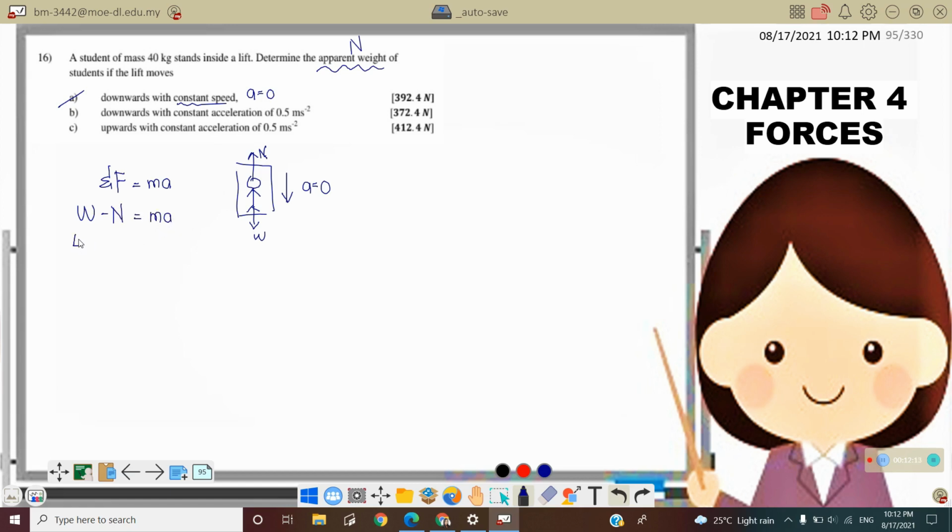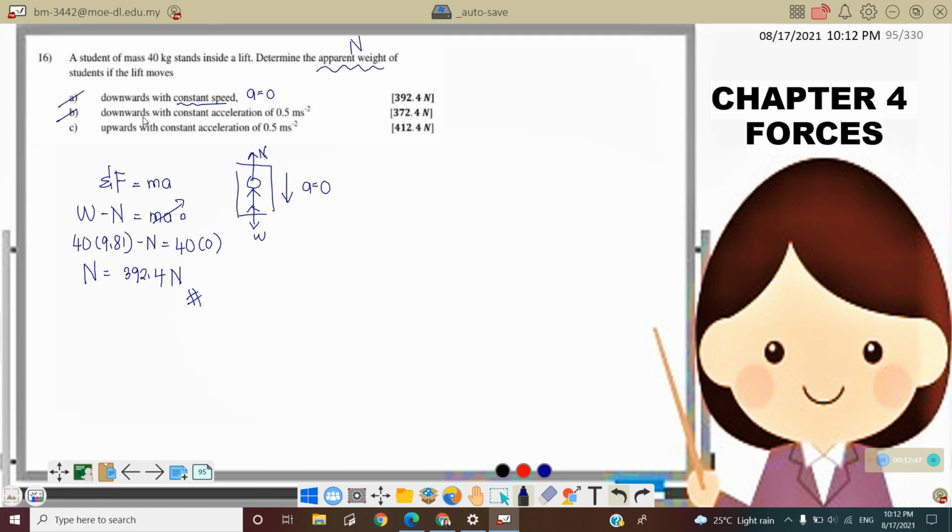Weight is 40 times 9.81 minus normal equals to 40a, where a is equal to 0. So the apparent weight is equal to 40g, or 392.4 Newton. Because the question says constant speed, a is equal to 0. So this is 16A.